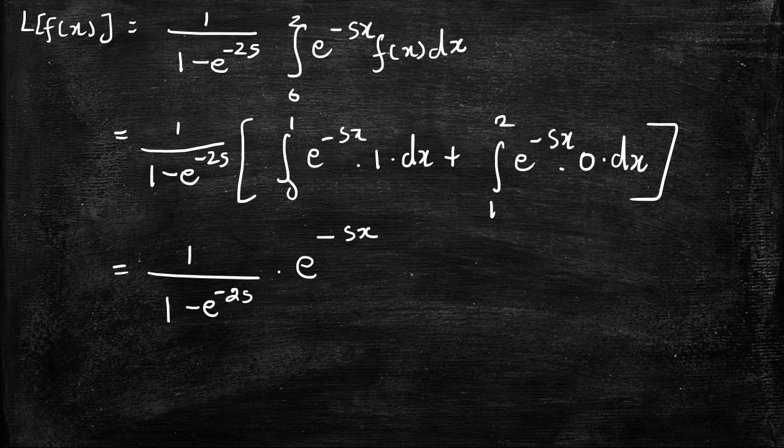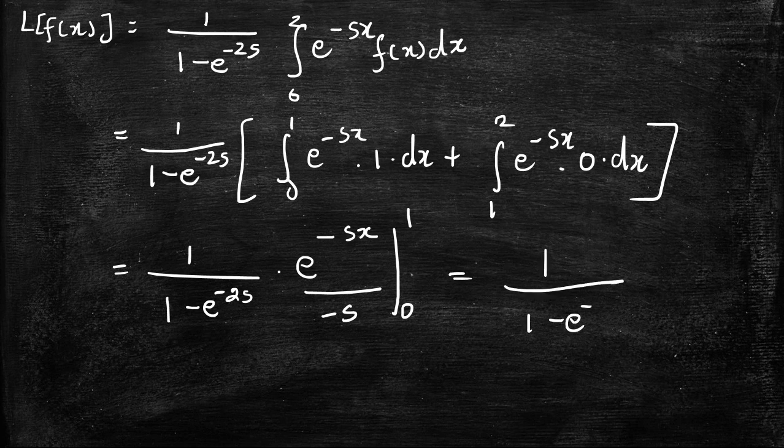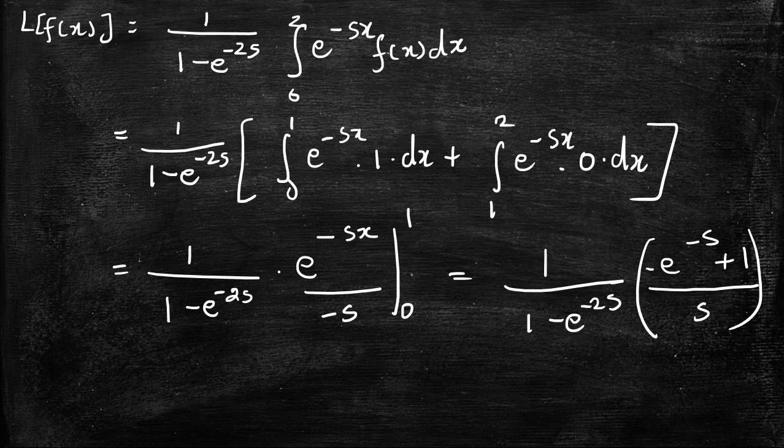E power minus sx divided by minus s. Now you'll have to substitute the limit 0 to 1. So on simplification, you can see that this is a square minus b square term, right?